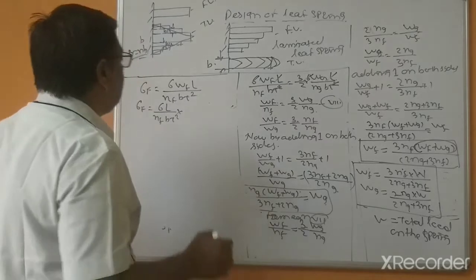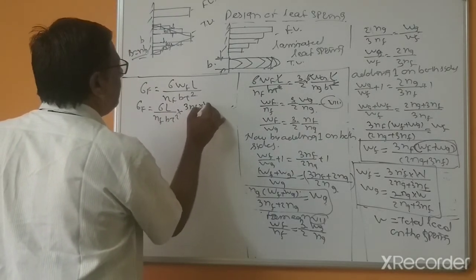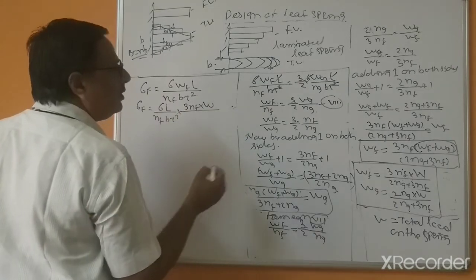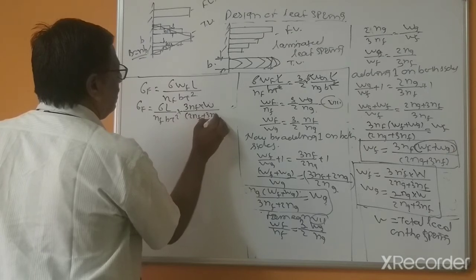Now Wf equal to 3Nf multiplied by W, and this is divided by 2Nf plus 3Ng.